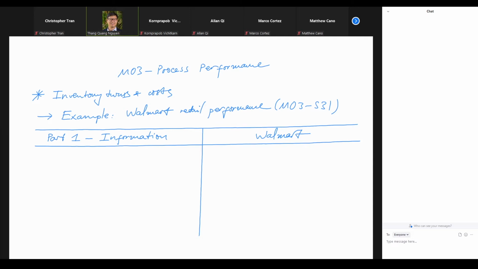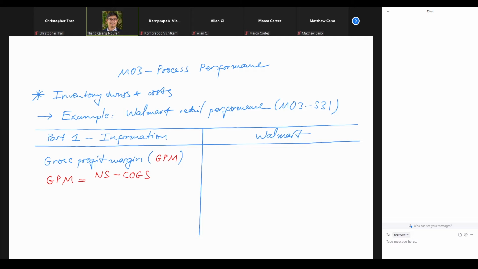called the gross profit margin, or GPM. So GPM is calculated as the following. We take the net sale, remember net sale is the revenue, and subtract the cost of goods sold.